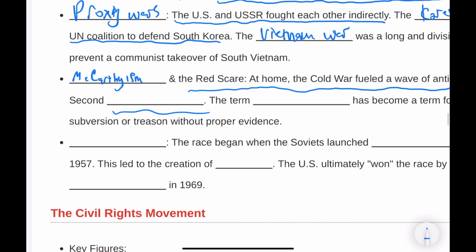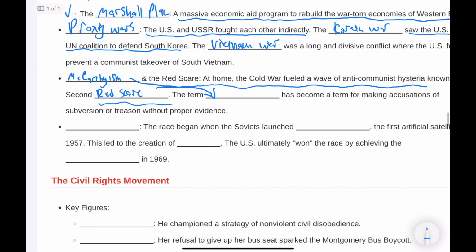So first, you had the first Red Scare, and then the second Red Scare. And this term, McCarthyism, has become a term for making accusations of treason without proper evidence.